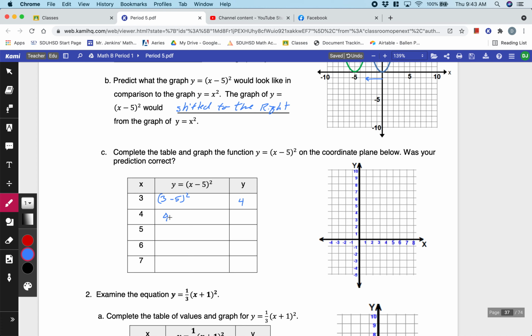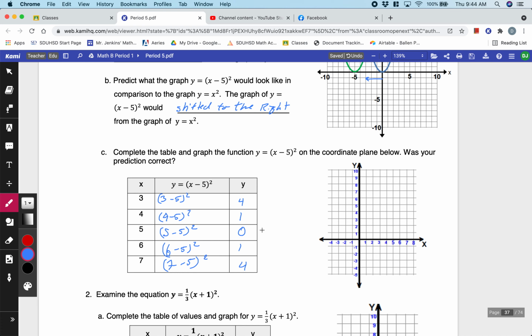Then here we have 4 minus 5 to the second power. 4 minus 5 is negative 1, and negative 1 to the second power is 1. 5 minus 5 is 0, and 0 times 0 is just 0. 6 minus 5 is 1, and 1 times 1 is 1. And the last one would be 7 minus 5, which is 2, and 2 to the second power is 4.